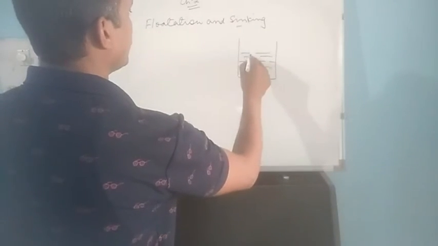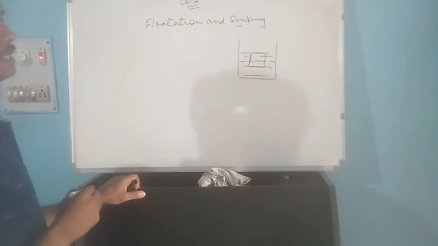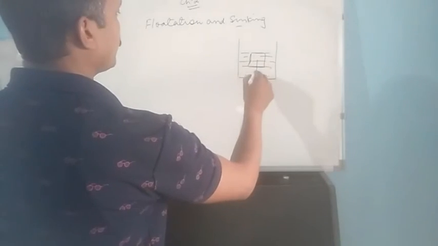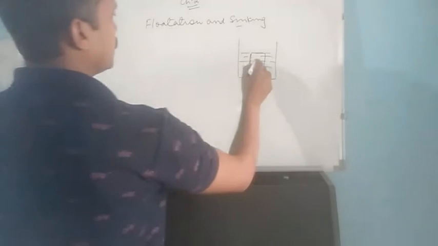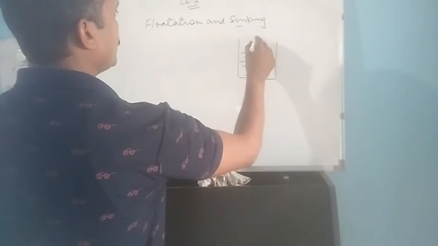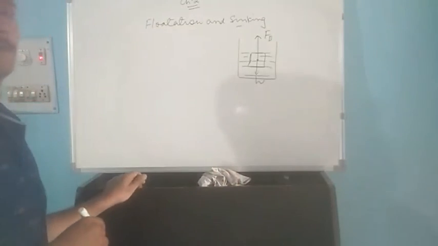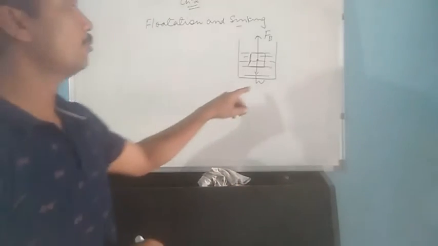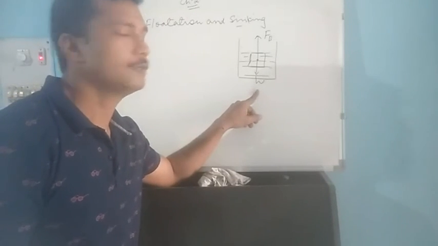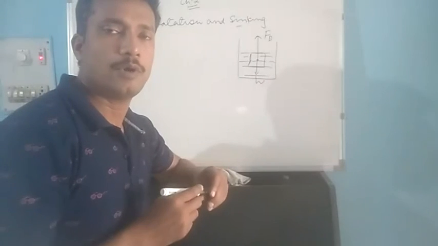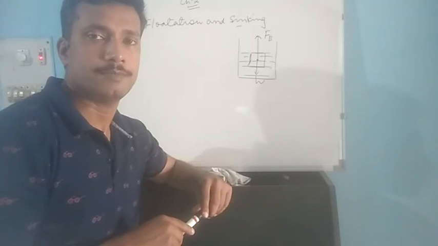One will be the weight of the object, W, that acts in the downward direction, and the other force will be the buoyant force that acts in the upward direction. Weight of a body is responsible for taking the body in the downward direction, whereas the upward force, or the buoyant force, is responsible for taking the body in the upward direction.